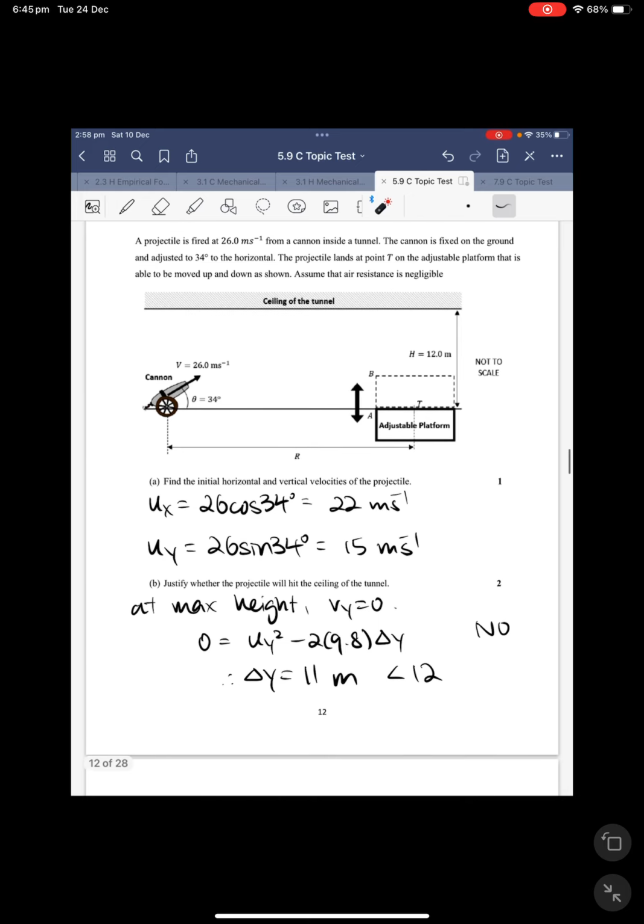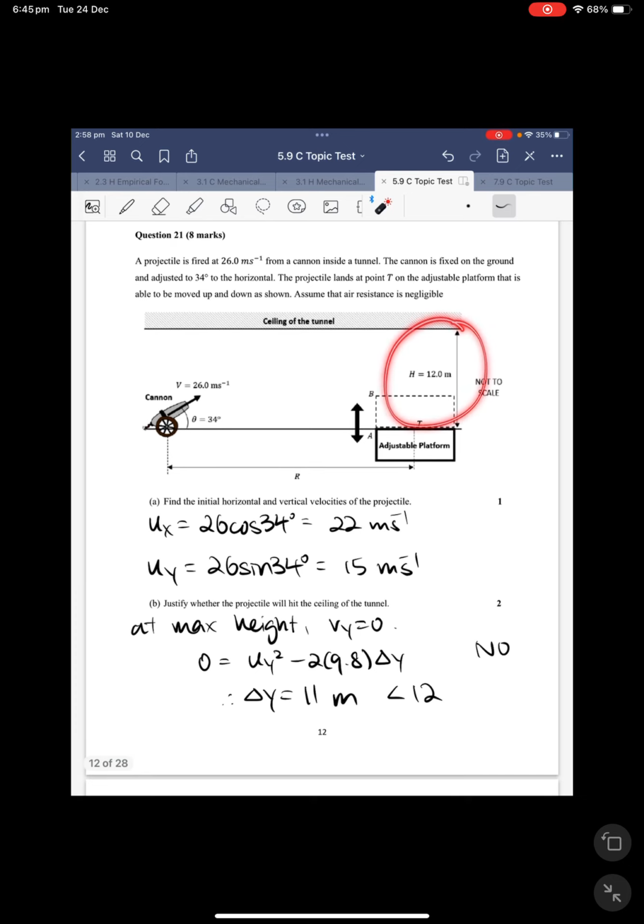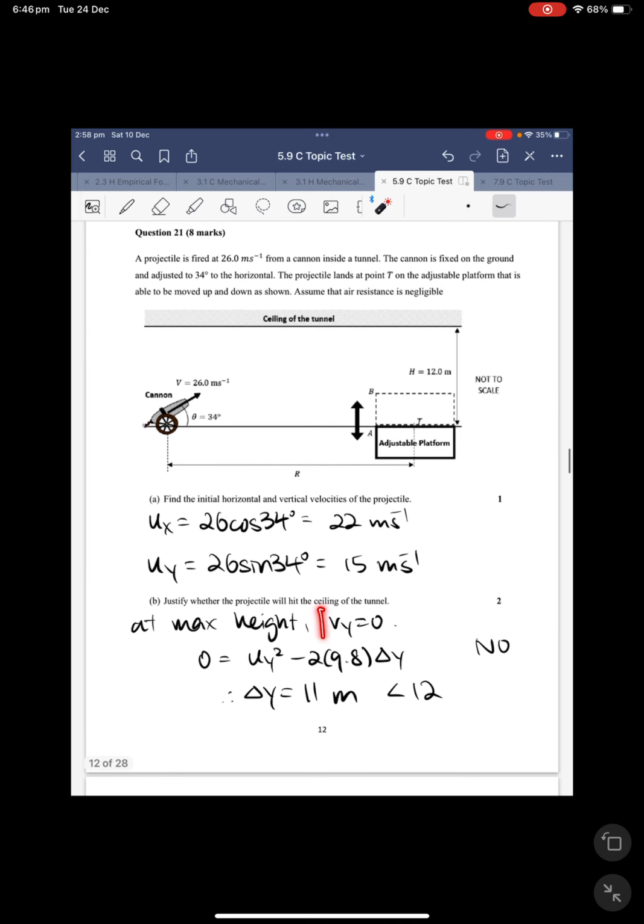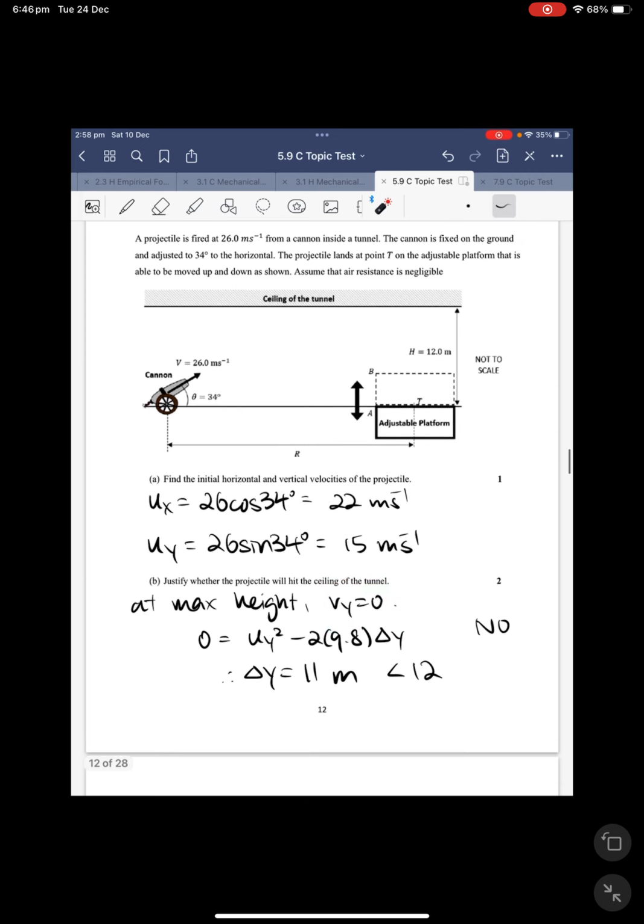Justify whether the projectile will hit the ceiling of the tunnel. Well, we know the ceiling of the tunnel is 12 meters, so all we need to do is figure out the max height that the projectile will reach, and if it's less than 12 meters, then it will not hit the ceiling of the tunnel. Well, we know at the max height that the vertical velocity is equal to 0, and so we can use our SUVAT equation.